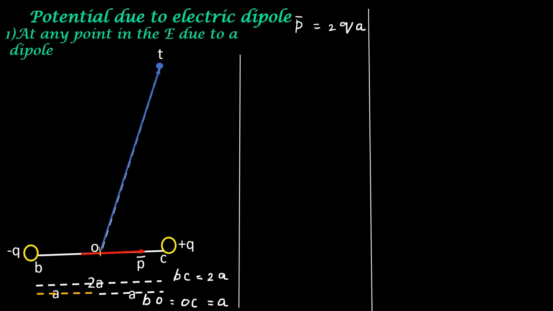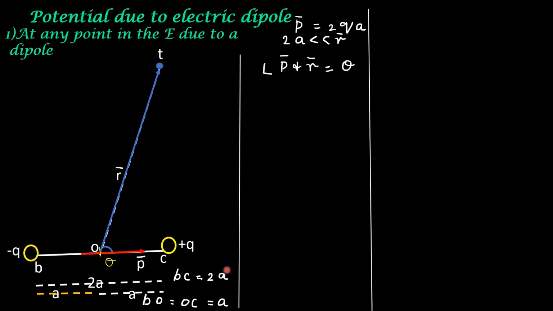Let me note the position vector r. 2a is much smaller than r. That is, the magnitude of r is much greater when compared with the distance BC, that is 2a. Angle between P and position vector r is theta. Electric potential at T will be equal to the sum of electric potential due to negative q and positive q.